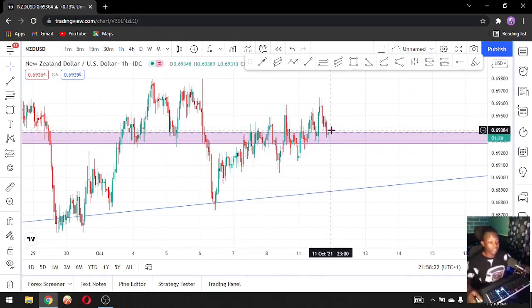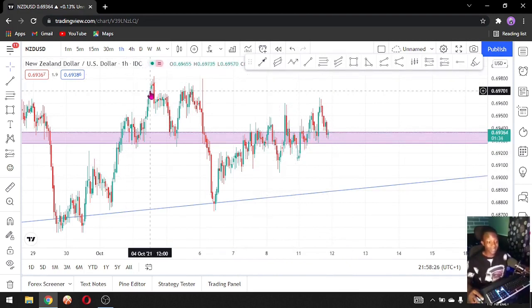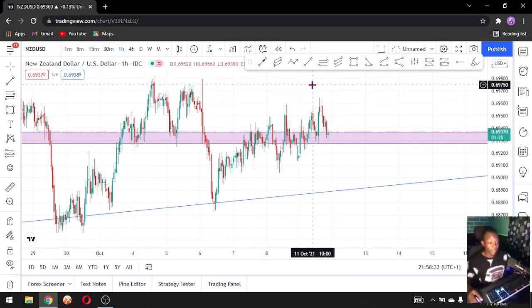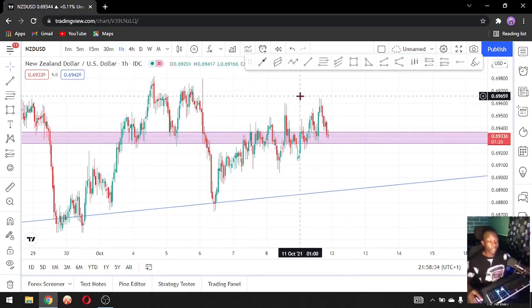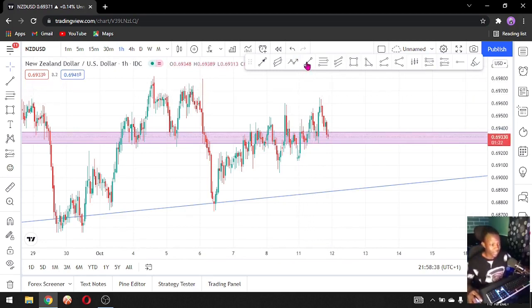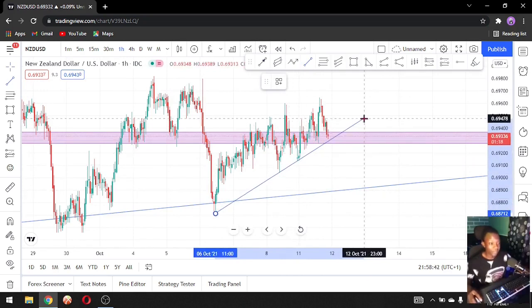I don't take trading decisions based on price action of a chart less than 15 minutes. That is why we drew our trend lines and support zone on the daily time frame before scaling down to a lower time frame. The 1-hour chart is good, the 4-hour chart is more meaningful, and the daily chart is even better. So we have another bullish trend line here on the 1-hour time frame.